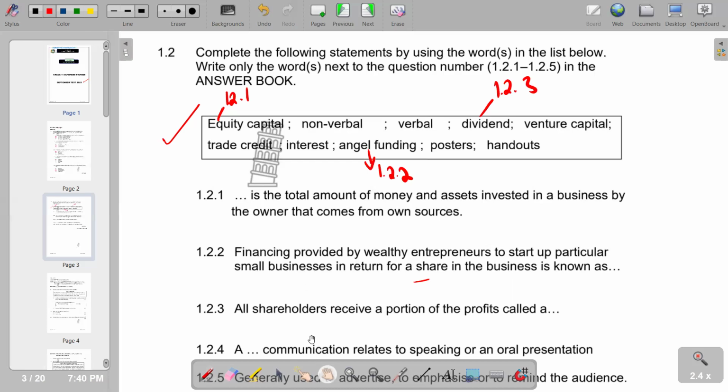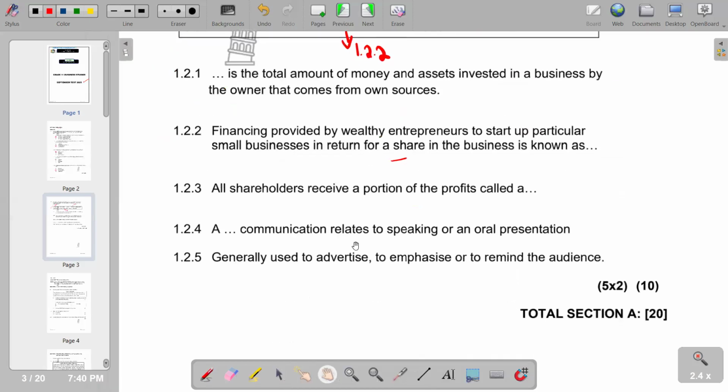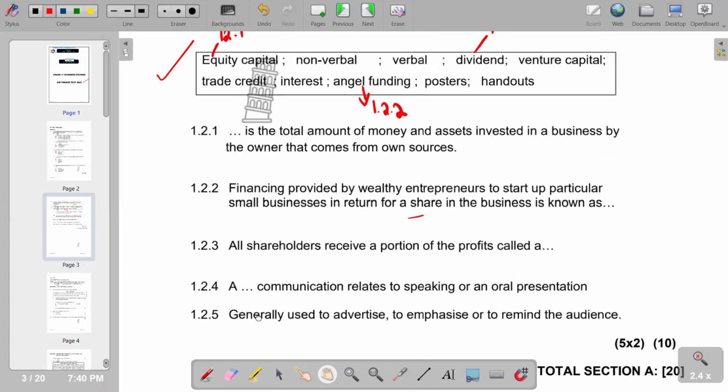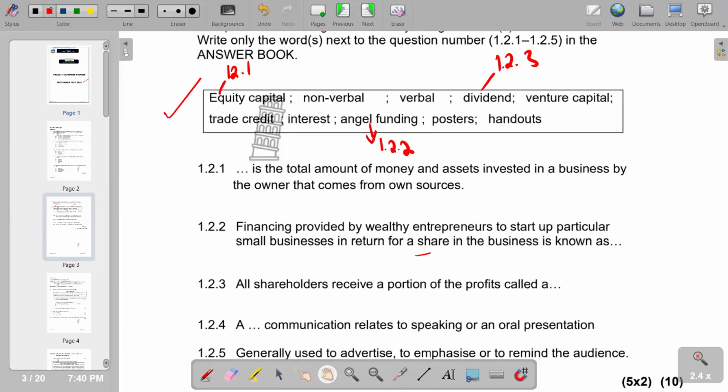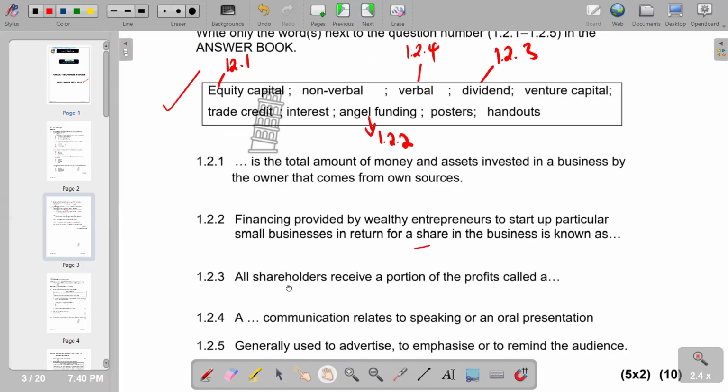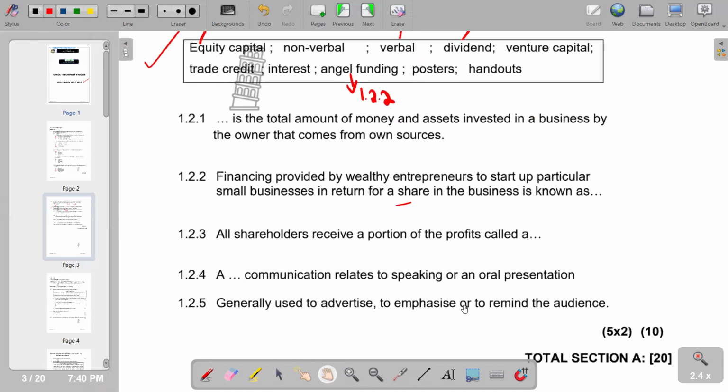1.2.4. A dash communication relates to speaking or an oral presentation. This is verbal. 1.2.4, we have got verbal, which we have on this part. Then 1.2.5, generally used to advertise, to emphasize, or to remind the audience.